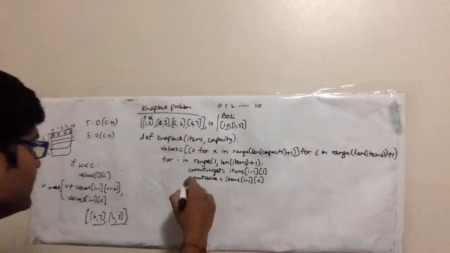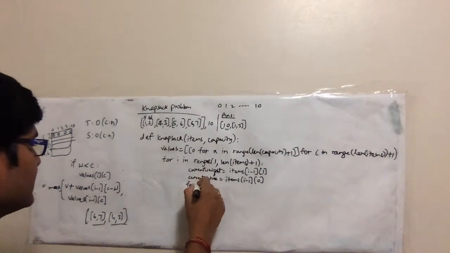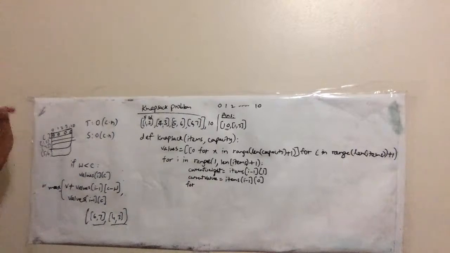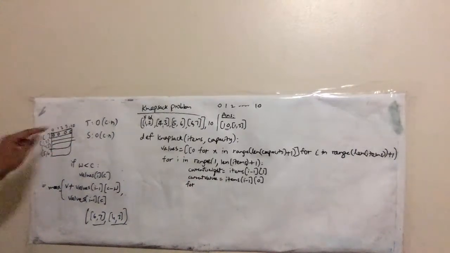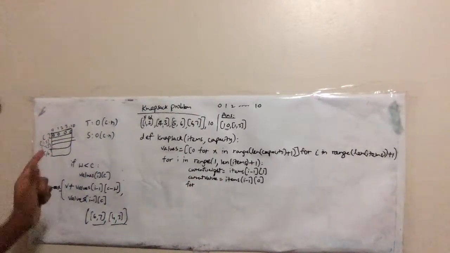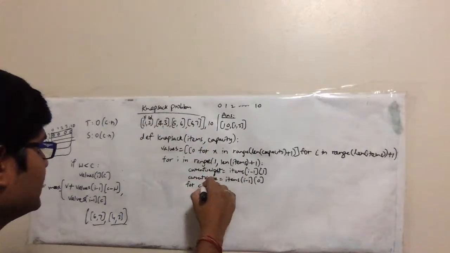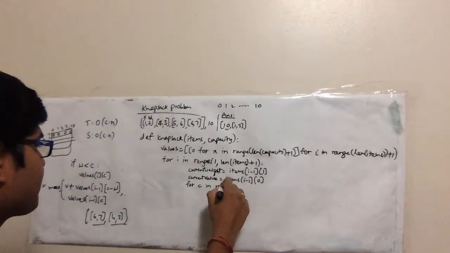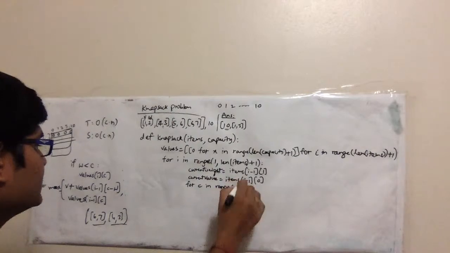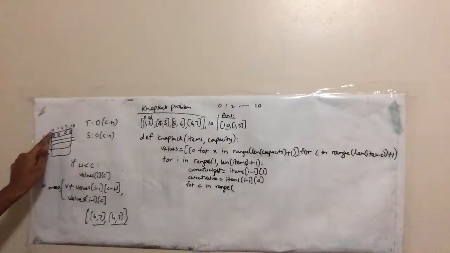Okay, so we need to iterate in the inner loop. We iterated horizontally like in the rows, and we need to calculate the capacity C. For C in range, we need to iterate.